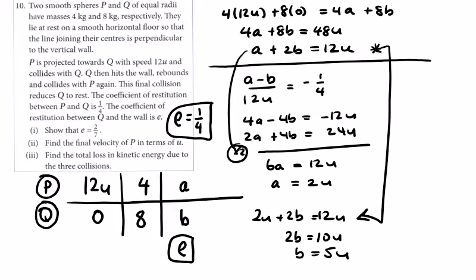Put my new speeds on. I've got a 2u and a 5u. So now Q is going in this direction. It hits the wall, rebounds and collides with P again. So let's look between Q and the wall.